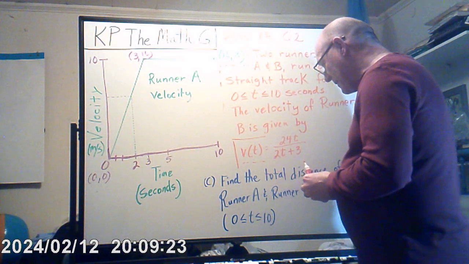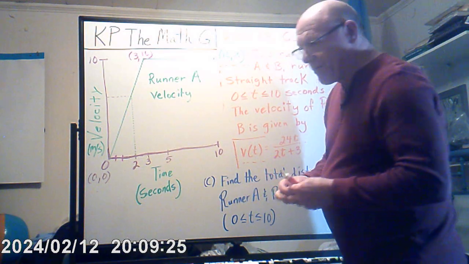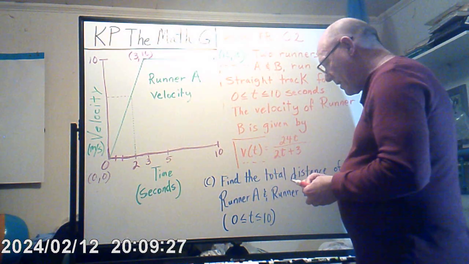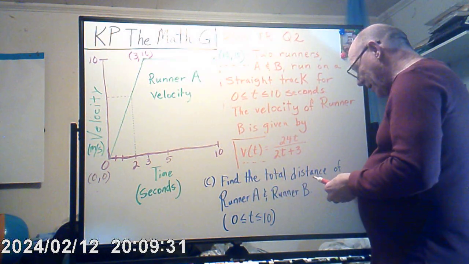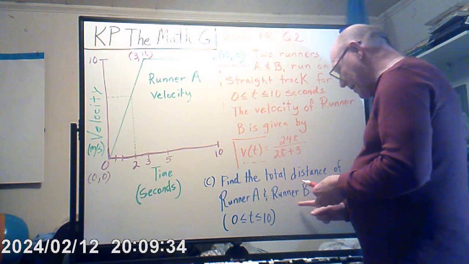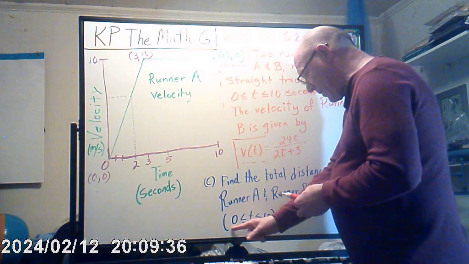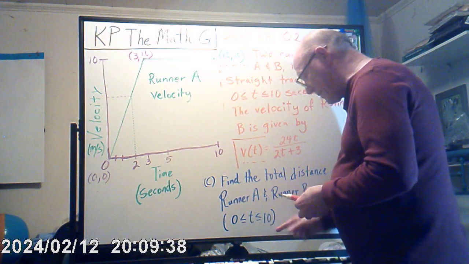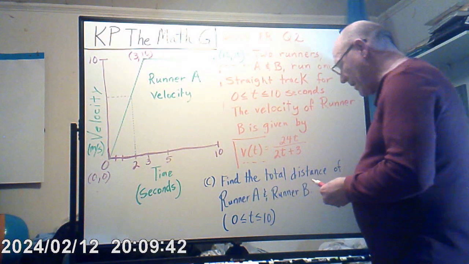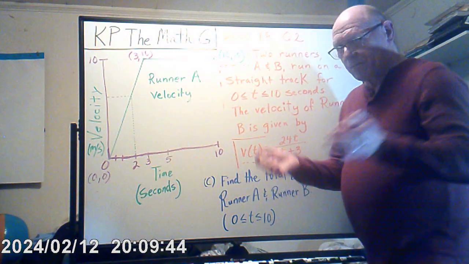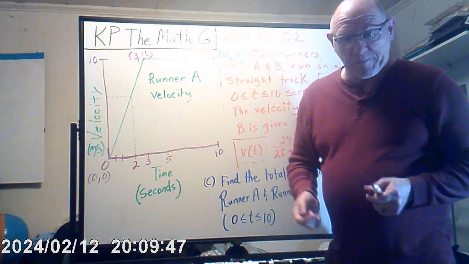All right. Now, we are dealing with part C. Part C says find the total distance of runner A and runner B on the interval where T is between 0 and 10. Now, somebody may be saying, well, what do you do?